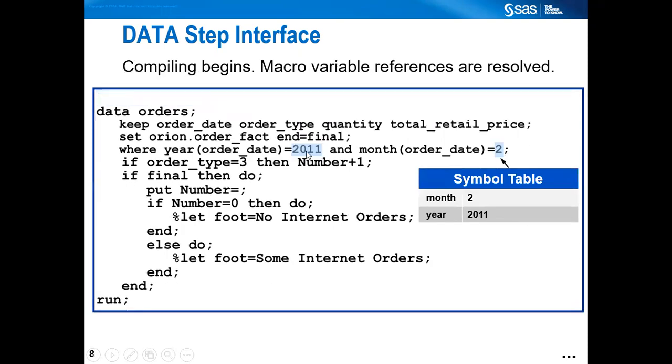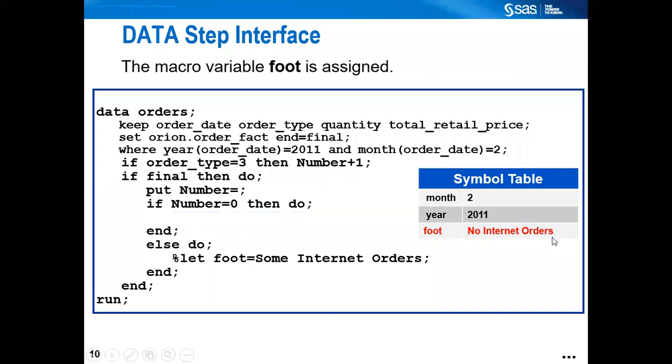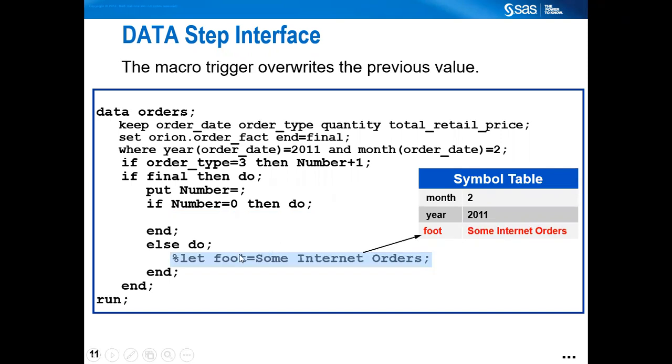When it comes to this %let, your macro variable foot is created with the value no internet order. But immediately it encounters another %let with the same macro variable name, which already exists in the global symbol table, so it will just overwrite the earlier value.